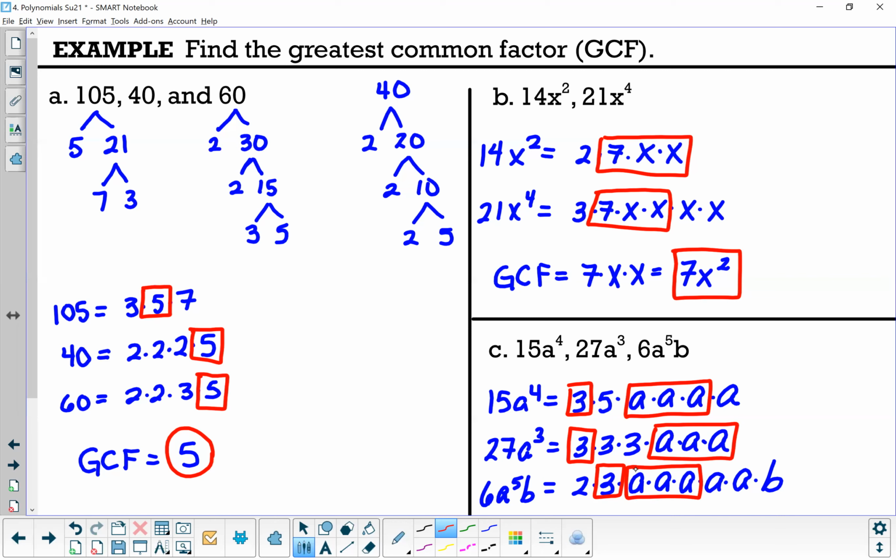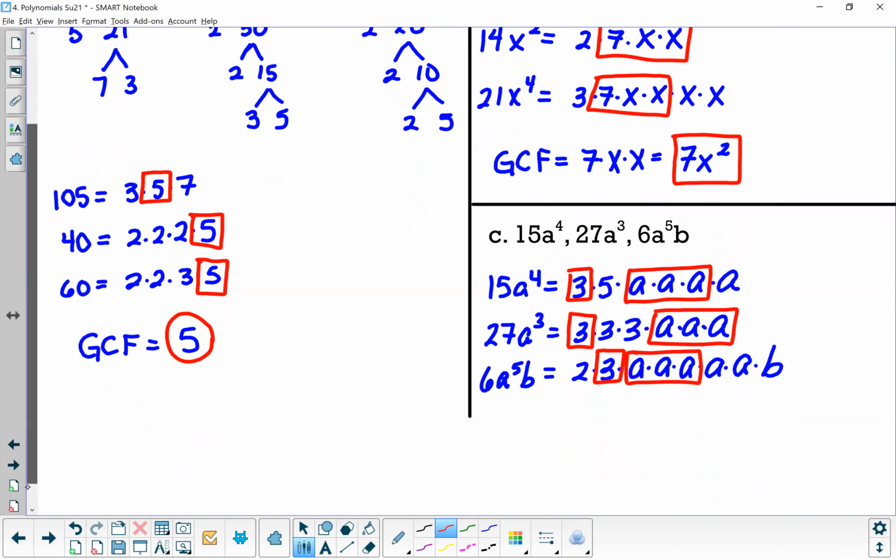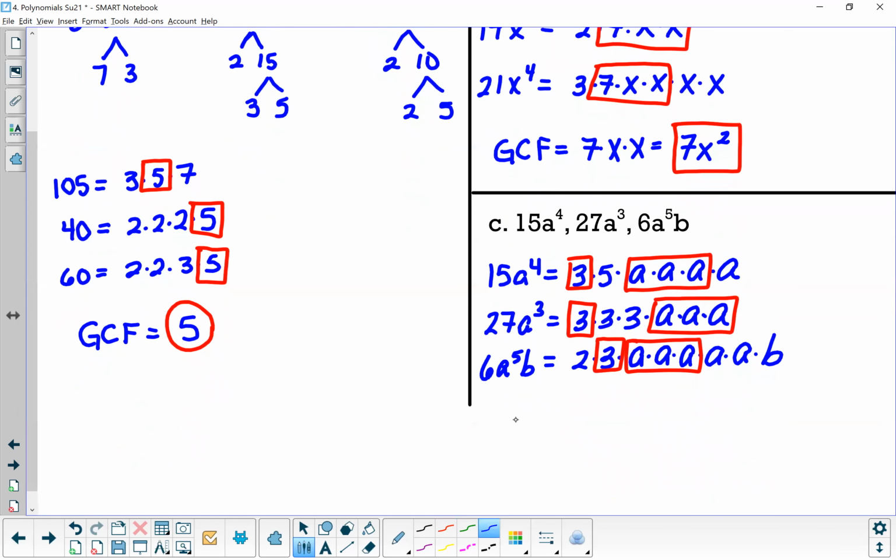Well, the last term, 6a to the 5th b, has a factor of b, but the other terms do not, so it's not going to be common. So our GCF is 1 factor of 3 and 3 factors of a, or in other words, it's 3a cubed.